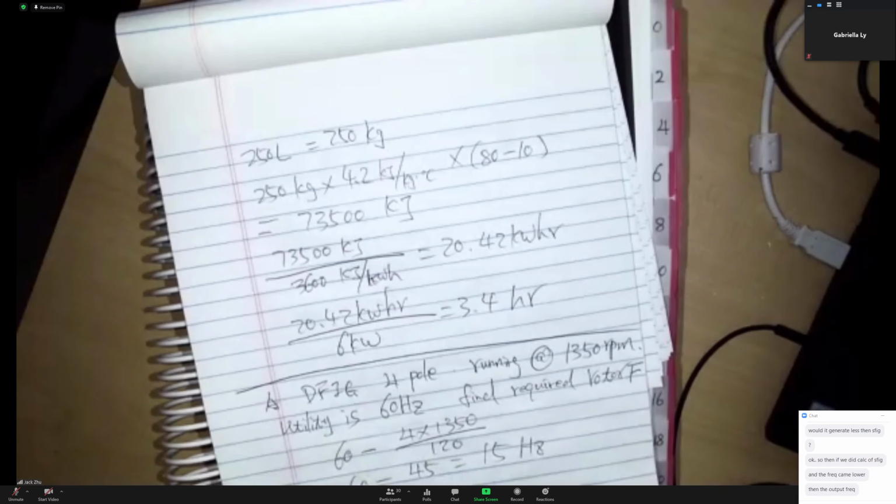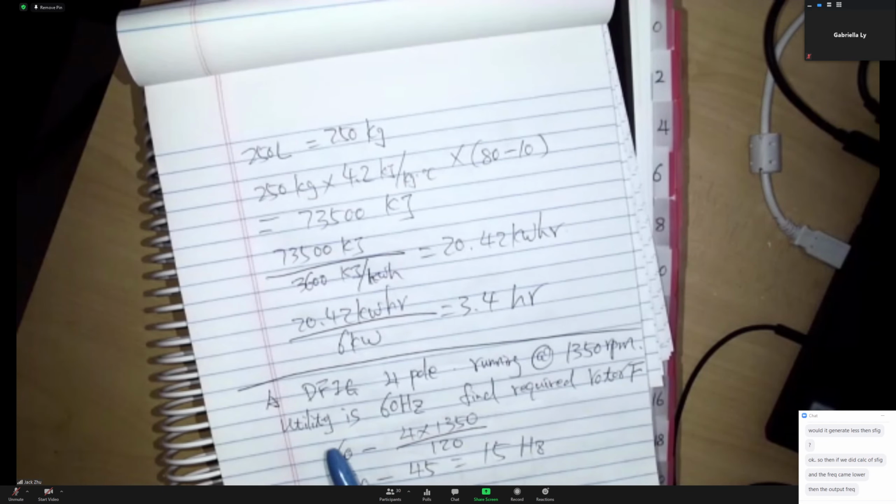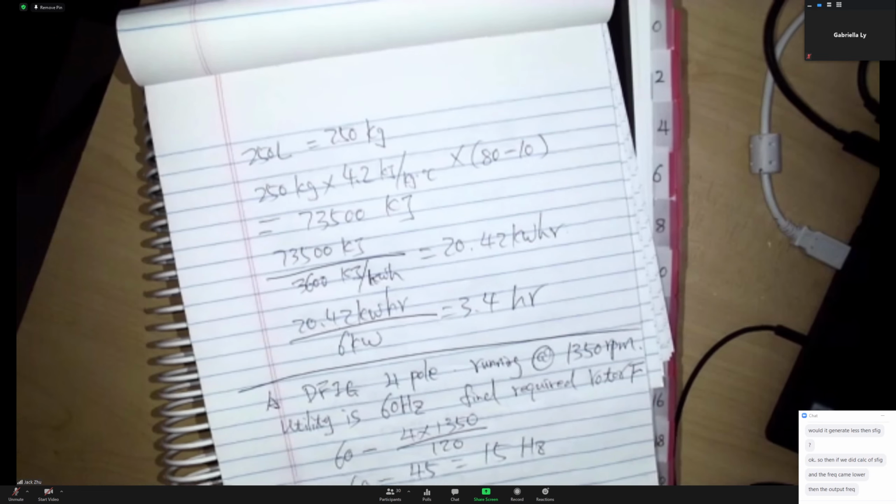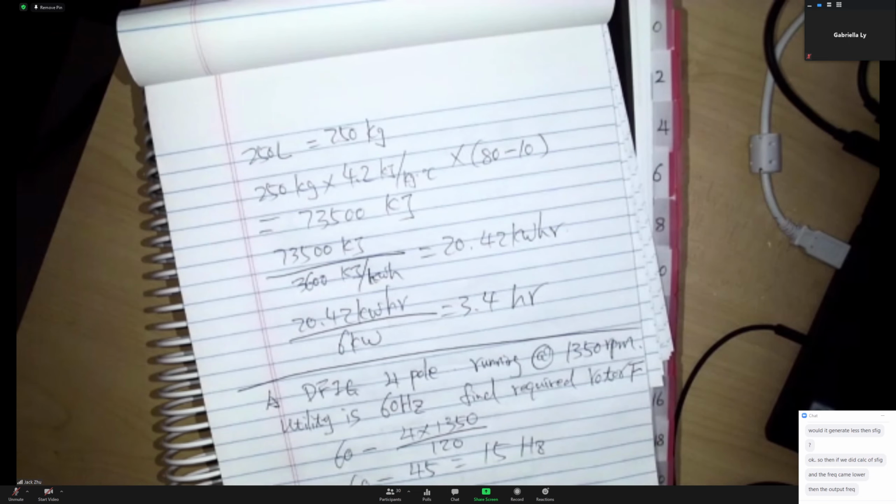For the double-fed, we put a 15 hertz into the rotor to make the output 60. But for single-fed, because there's no way we can adjust it, we take that 45 hertz AC and change it to DC, then invert it back to 60 hertz. That's the difference.